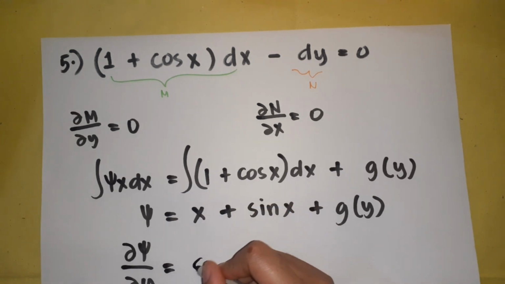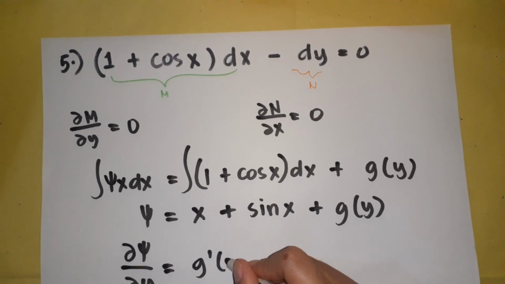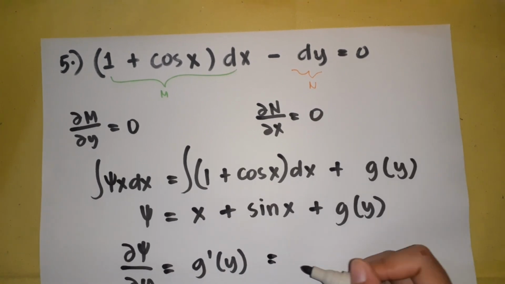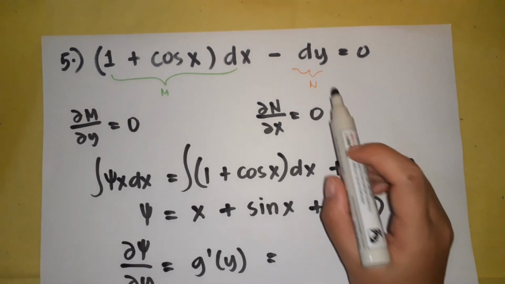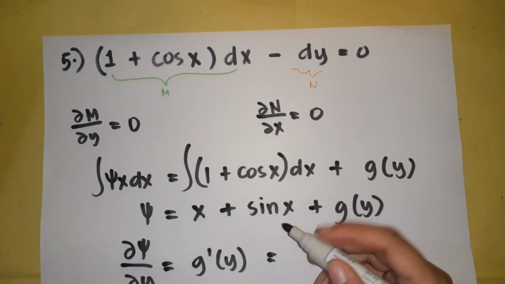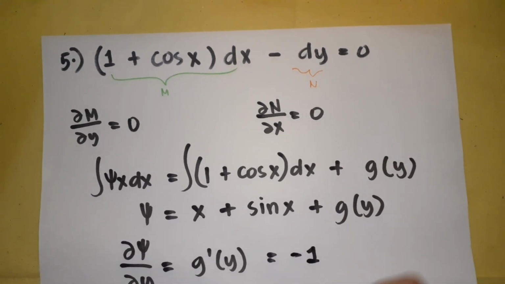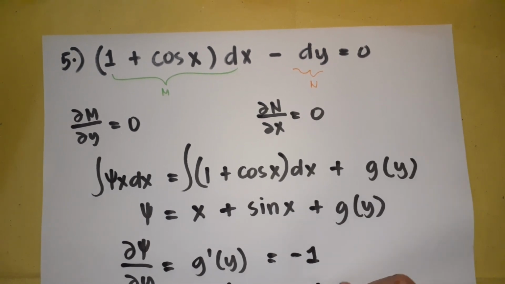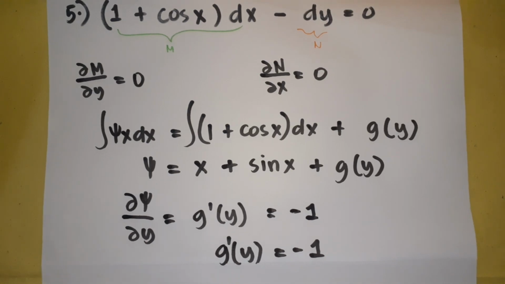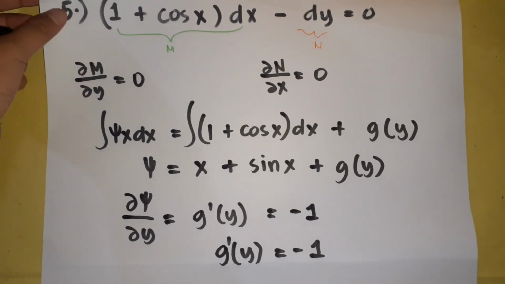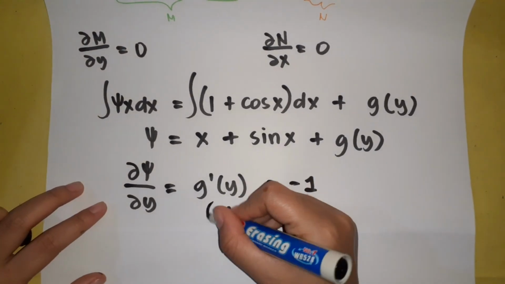So we only have g prime of y left, and we equate this to our N, which is negative dy, so we have negative 1. So our g prime of y is equal to negative 1, and to get the value of g of y, we will integrate both sides.